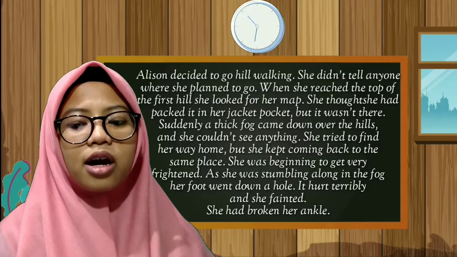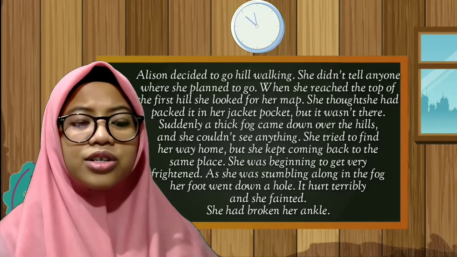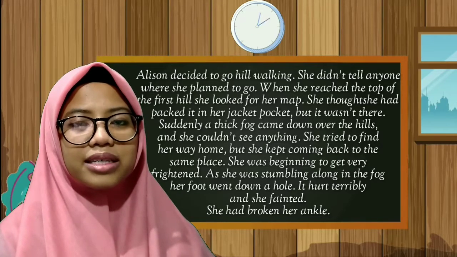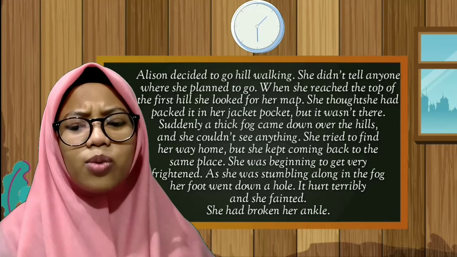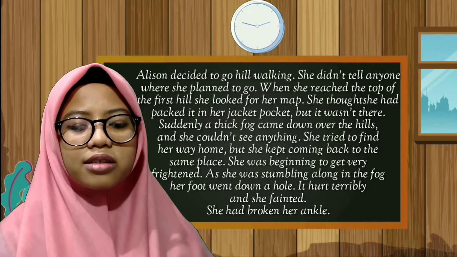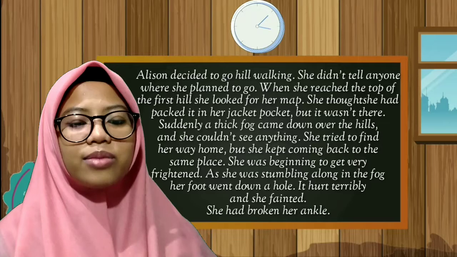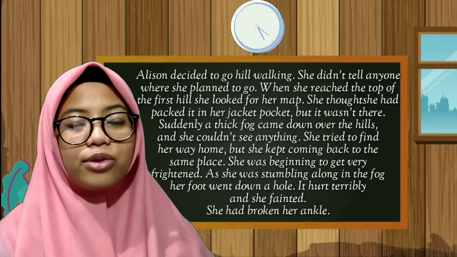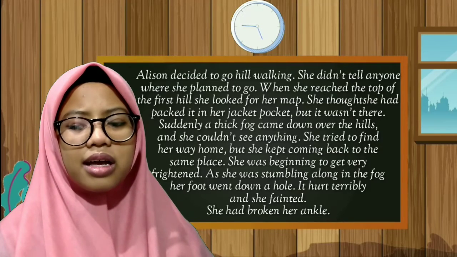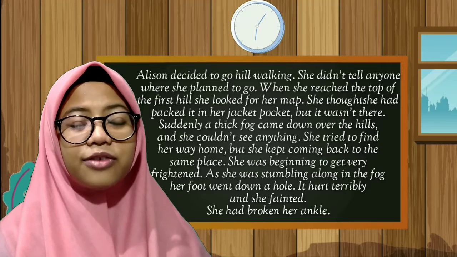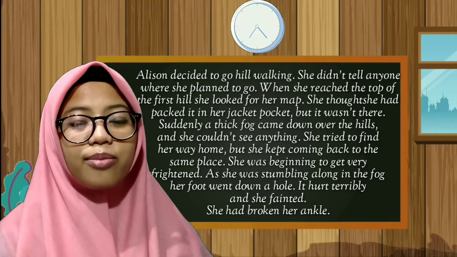She tried to find her way home, but she kept coming back to the same place. She was beginning to get very frightened. As she was stumbling along in the fog, her foot went down a hole. It hurt terribly and she fainted. She had broken her ankle.